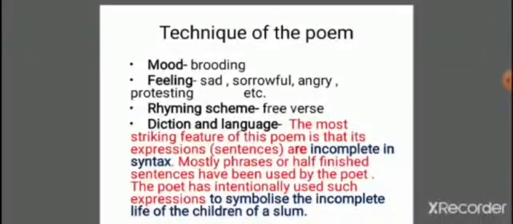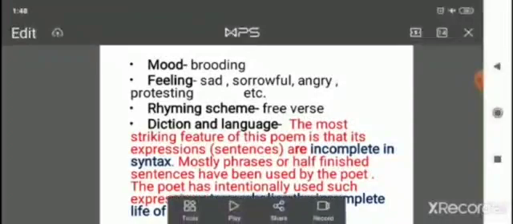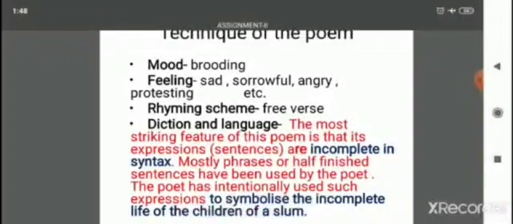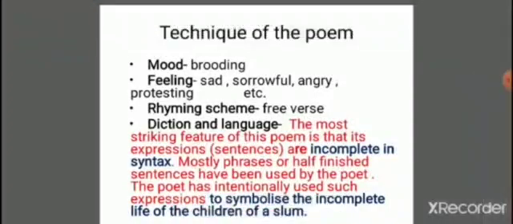So this is the way he wants to suggest that if his vision of education is followed by these children, their life will become complete. So this is the way we can say that by the use of different types of expressions, he has given his message of the poem quite beautifully.